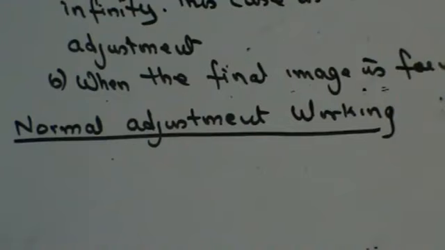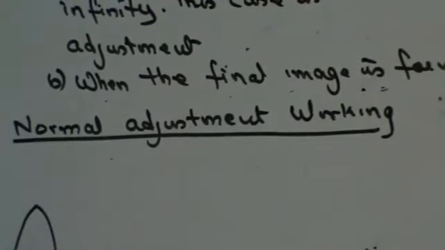Now, let's see this. The normal adjustment working. You have a lens here. This is my principal axis, and you would have rays of light which would be coming from infinity.